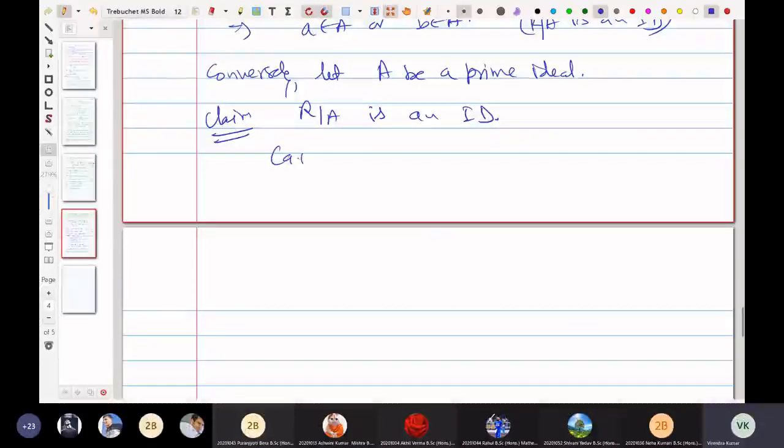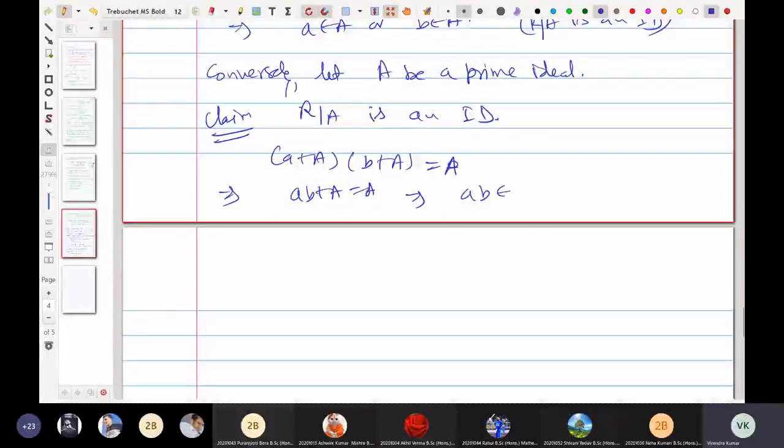For this, we can consider (a + A)(b + A), and this is equal to A, that is the zero element. So on the left hand side, we have ab + A equals A, because A is an ideal.